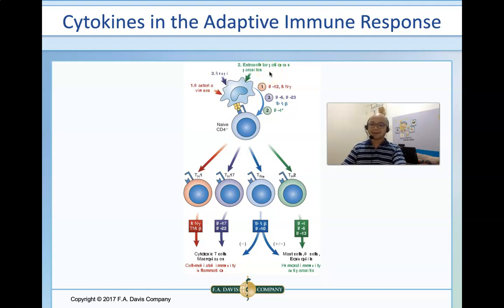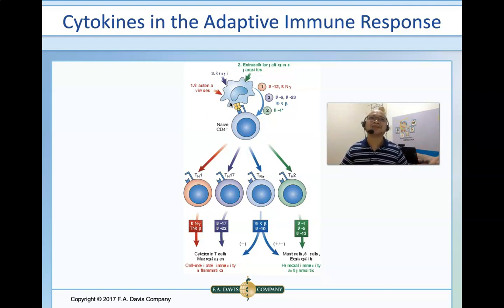Depending upon the pathogen encountered, the antigen presenting cells, which could be a macrophage, will secrete a specific combination of polarizing cytokines that direct the naive T cells to differentiate into, as I told you, different lineages.